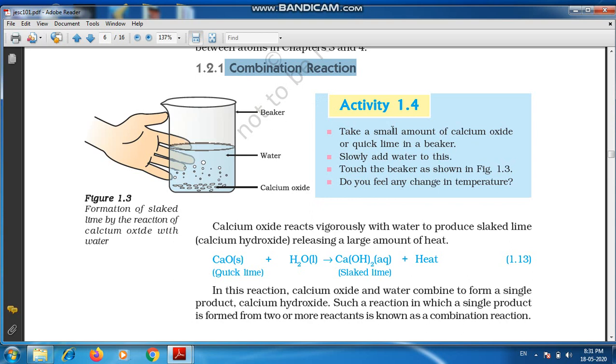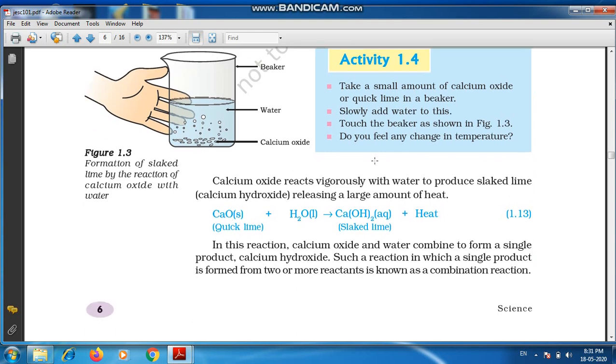There is an activity, Activity 1.4, which says take calcium oxide and water in a beaker and slowly shake it. Touch the beaker. You will feel that there is a change in the temperature. Let us see what happens. The calcium oxide reacts vigorously with the water to produce slaked lime, that is calcium hydroxide, releasing a large amount of heat.